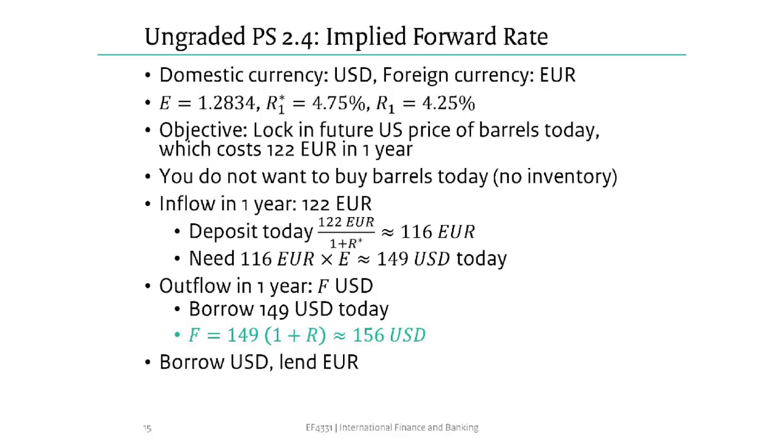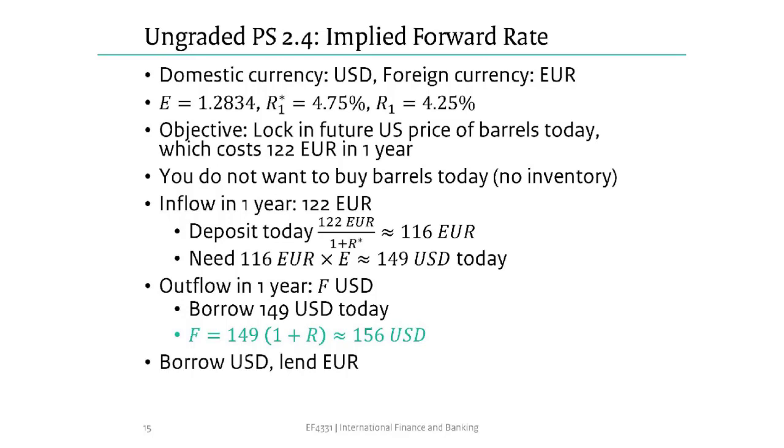So in this case, we have a 1 year horizon. We need 122 euros per barrel. We realize we don't need this much today, so we discount it back 1 year and realize we only need 116. 116 in terms of domestic dollars, just using the spot exchange rate, gives us 149. So we need to borrow this amount so that we can grow it to 122.